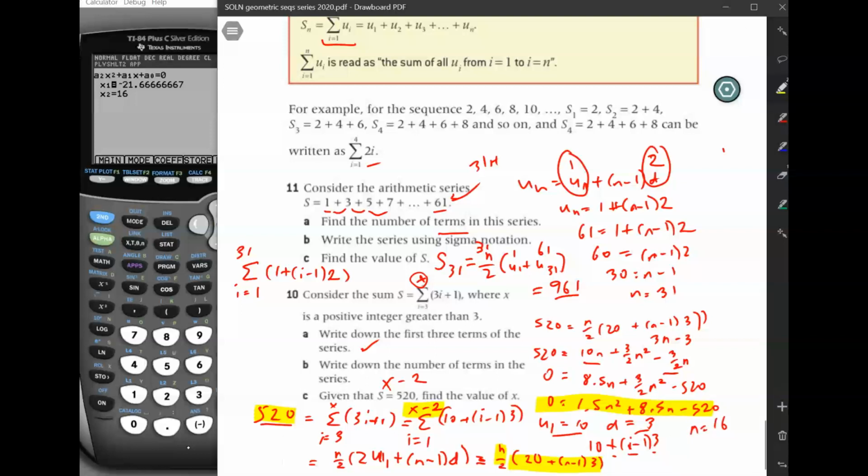So we set x minus 2 equal to n, which is 16, so x is equal to 18, because if I add 2 to both sides, 16 becomes 18. So the x value is 18 in this case, that gives the sum 520. Okay?